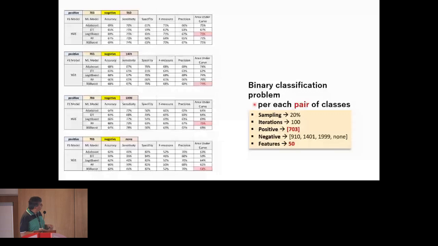We apply it with the different machine learning algorithms, AdaBoost, decision tree, random forest, and all of these. If you look here, you see the other pairs of positive and negative we consider, for example 140. We try to see if we can distinguish between the endpoints themselves, each pair like this.